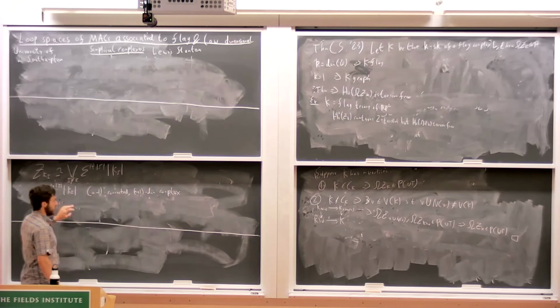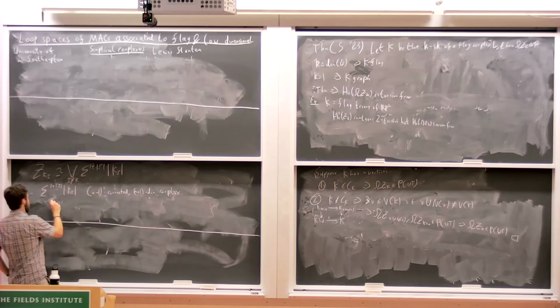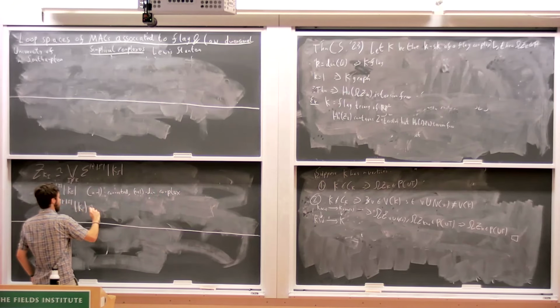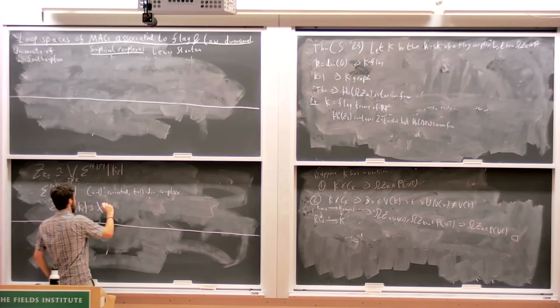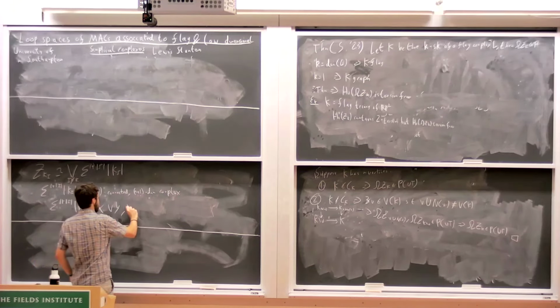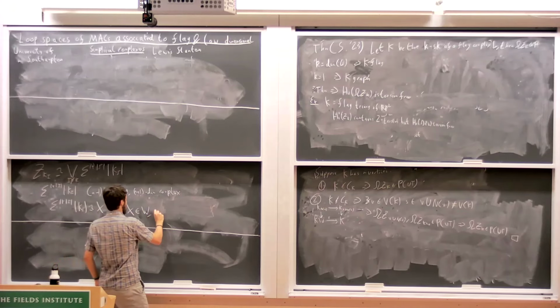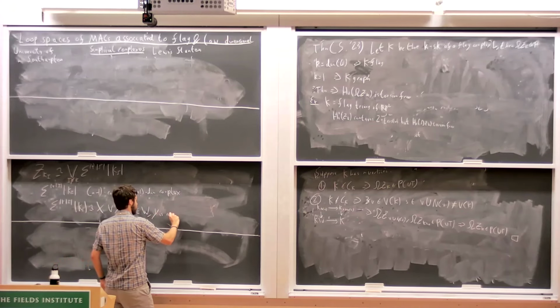So this implies, just by looking at the attaching maps, that there's a homotopy equivalence, and this is going to be homotopy equivalent to an X wedge with a Y, where X is some wedge of spheres, and Y is a wedge of Moore spaces.